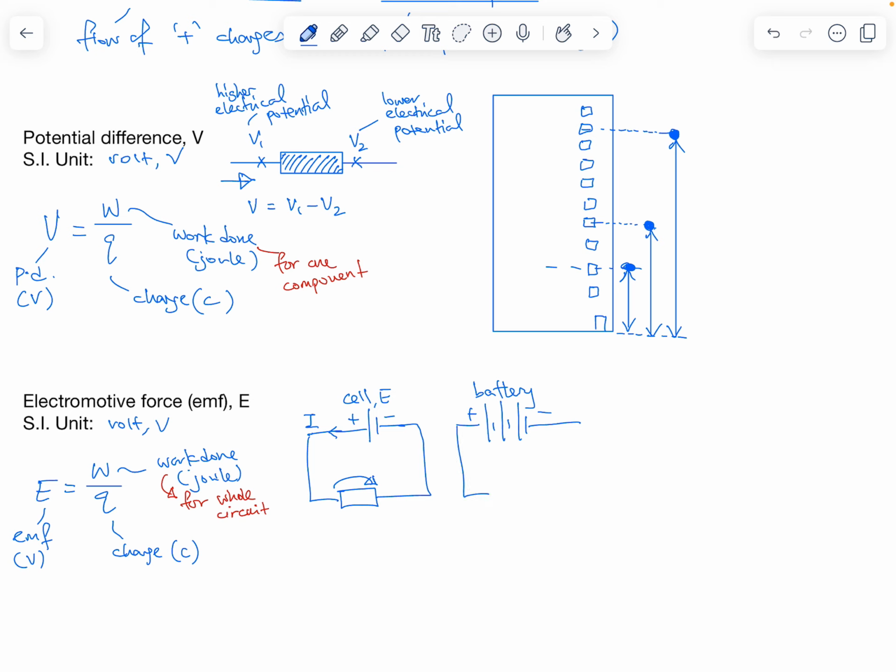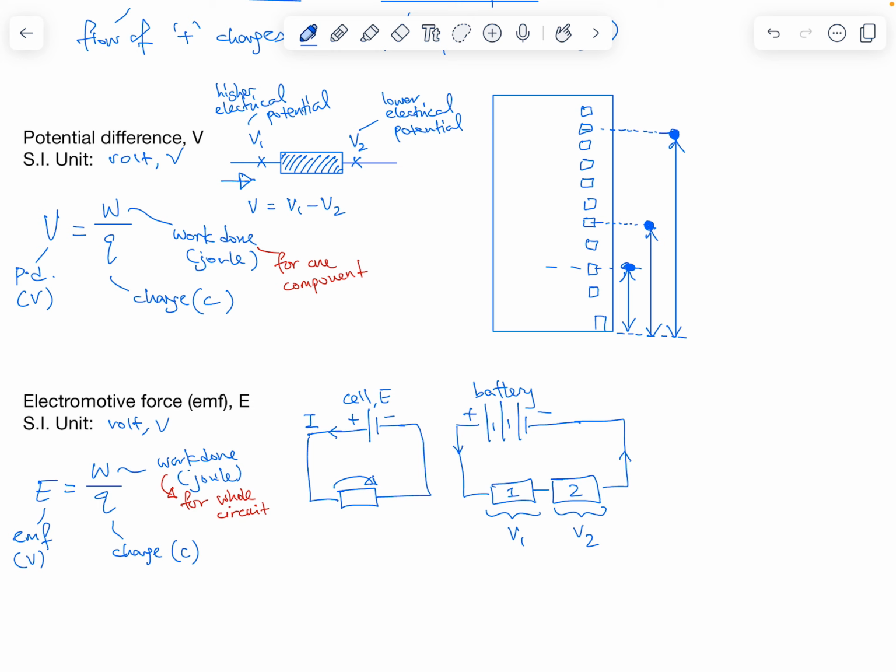If I have a circuit with two components, I call this component 1, component 2. So the potential difference over component 1, I call it V1, and that over component 2, I call it V2. The current flows from the positive terminal of the battery to the negative terminal.